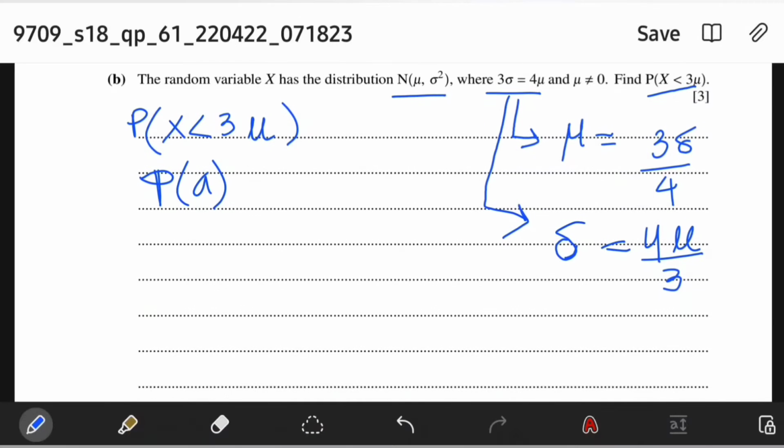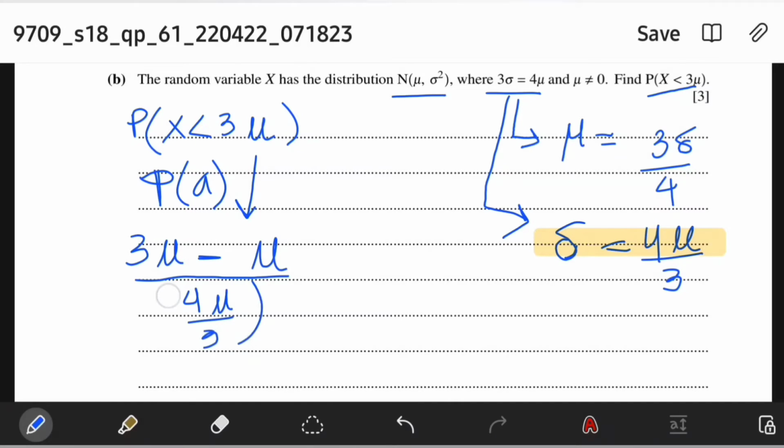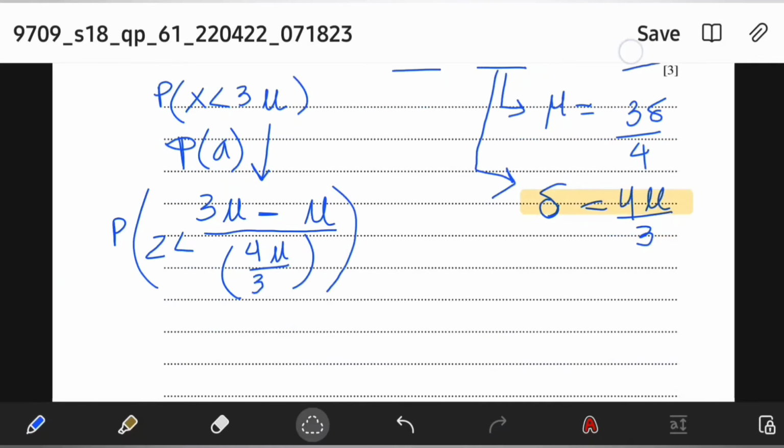Now let's write it in this form. 3 mean minus, we have to, yes, let's take this over. I'm going to use this. In the place of standard deviation, we're just going to write 4 mean over 3. Right.